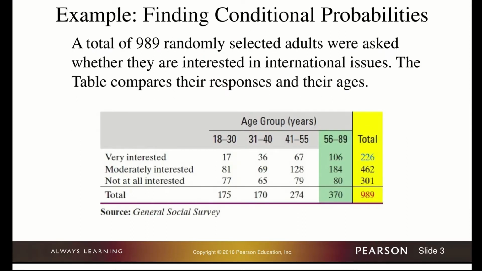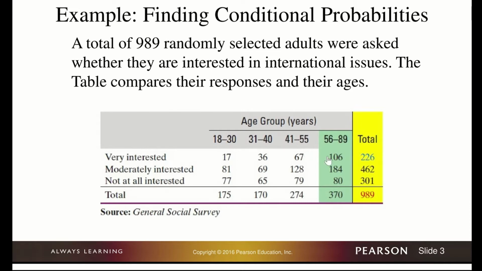Two-way tables provide a really fantastic opportunity to describe the notion of conditional probabilities. Here we have a total of 989 randomly selected adults who were asked whether they are interested in international news. This table basically compares the responses. Notice that in the rows we have the type of interest: very interested, moderately interested, not at all interested, and in the columns we have the age groups of the individuals surveyed.